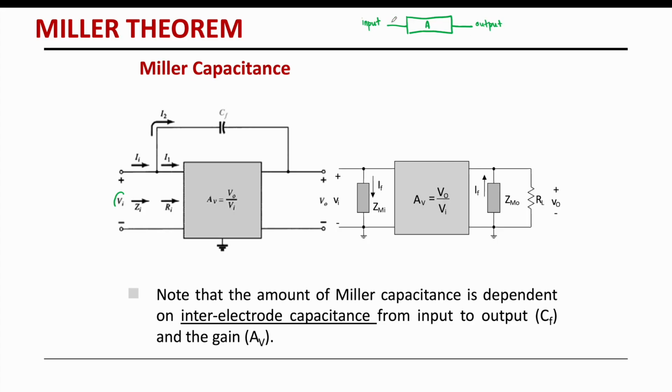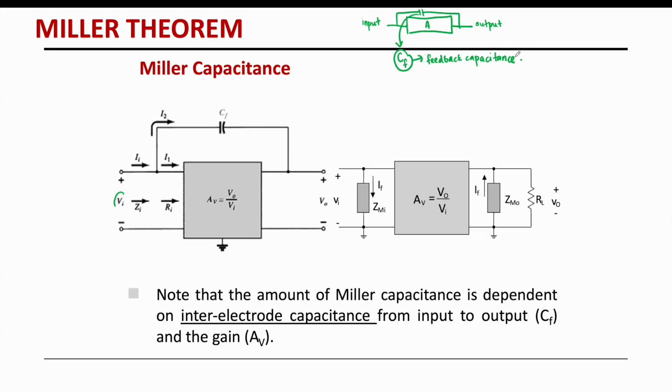Between this input and output, there is an effect of Miller capacitance, and the effect of the Miller capacitance can be labeled as CF, which means this is the feedback capacitance. It is called the feedback capacitance.